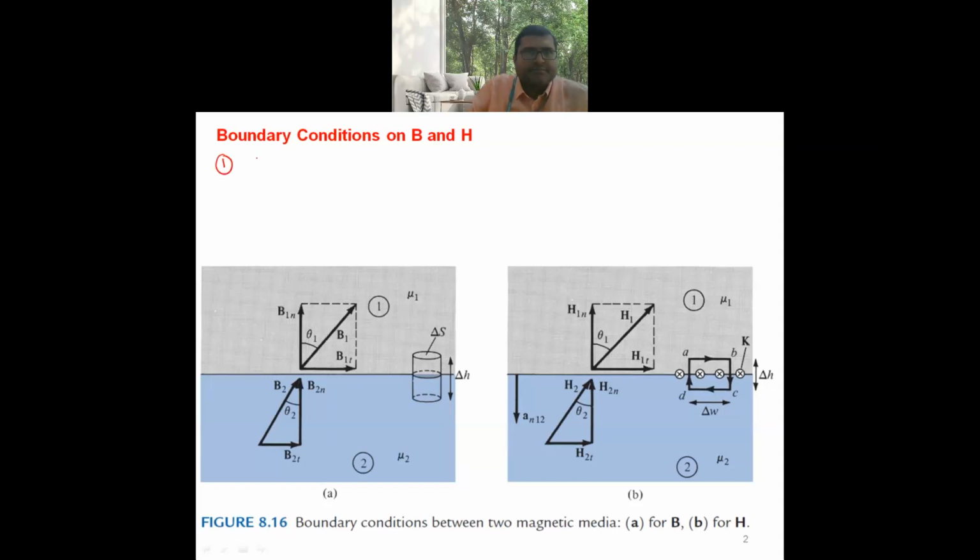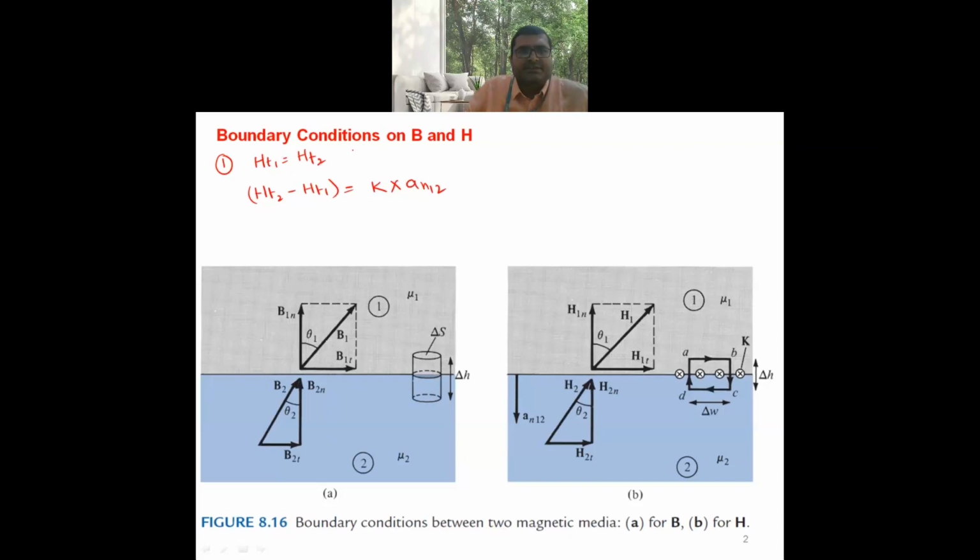Condition 1: HT1 is equal to HT2, and HT2 minus HT1 is equal to K cross AN1,2.